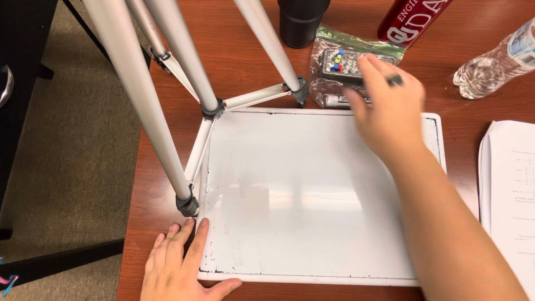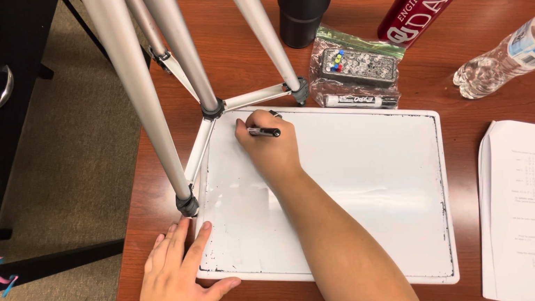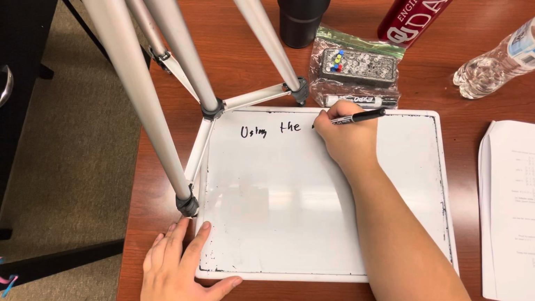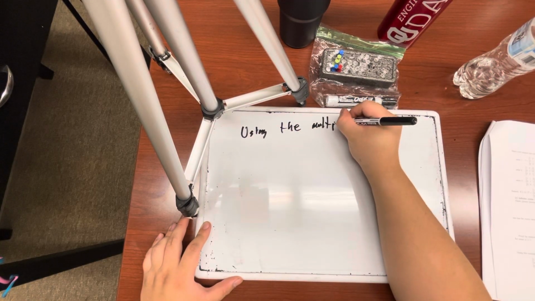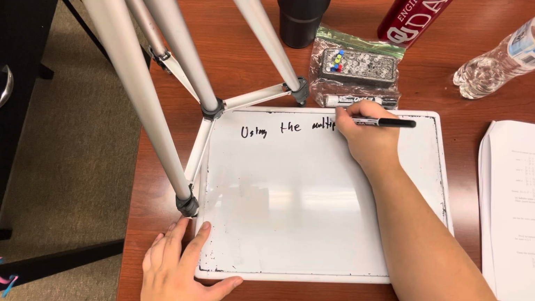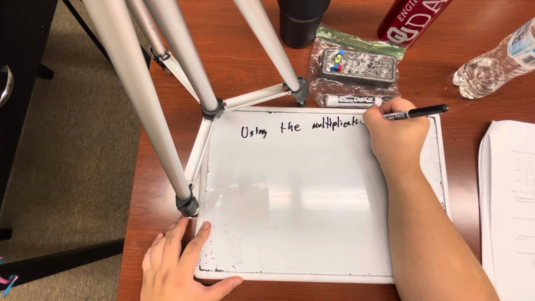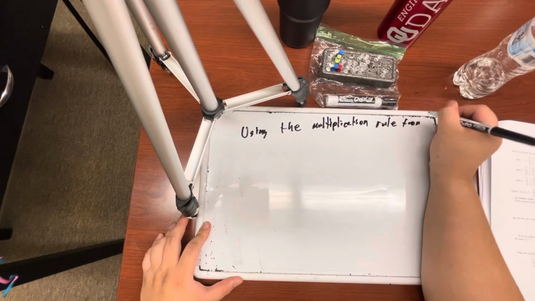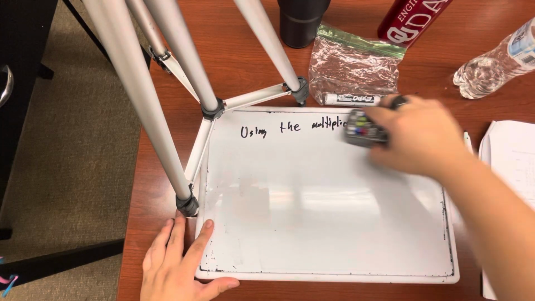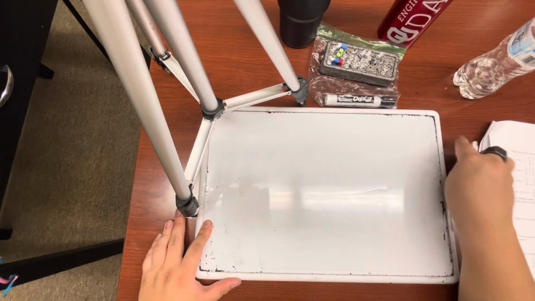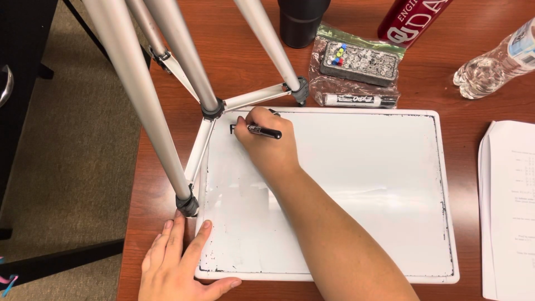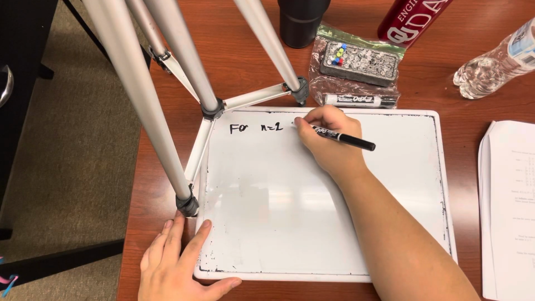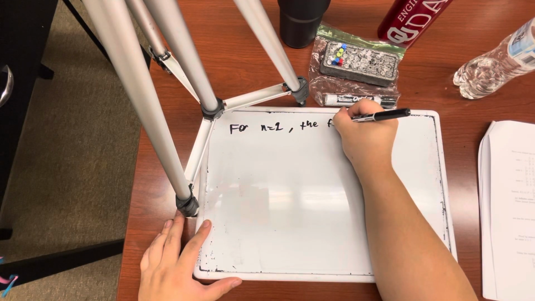All right, so using the multiplication rule from part A, whoops, I'm skipping a step. Okay, so we're gonna do this by induction. So for n equal to 1, this is our base case, right? So the formula is immediate.